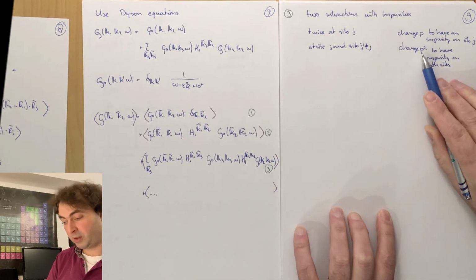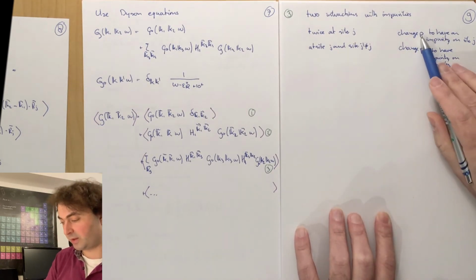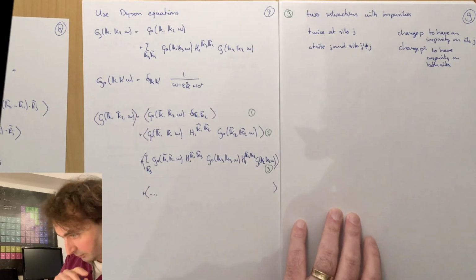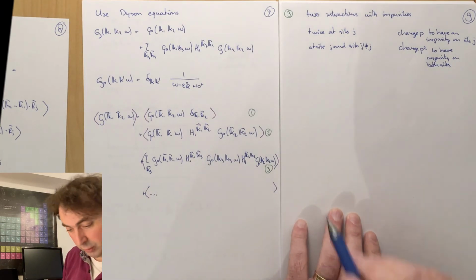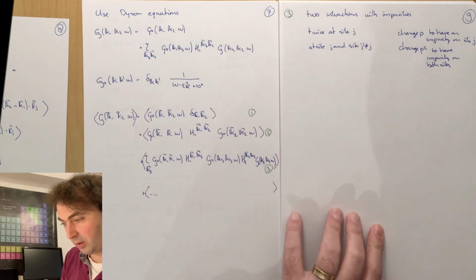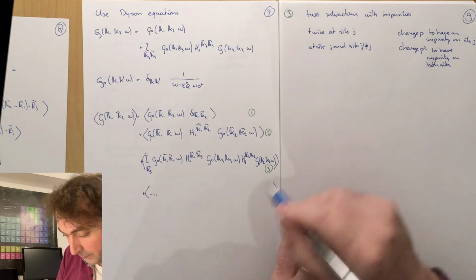So a chance P squared to have an impurity on both sides, a chance P to have an impurity on site J. In order to calculate this, we have to make the distinction between these two cases.